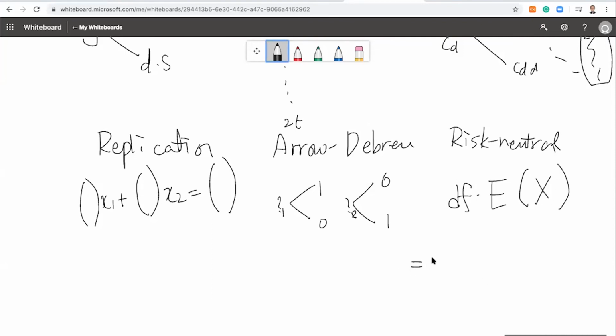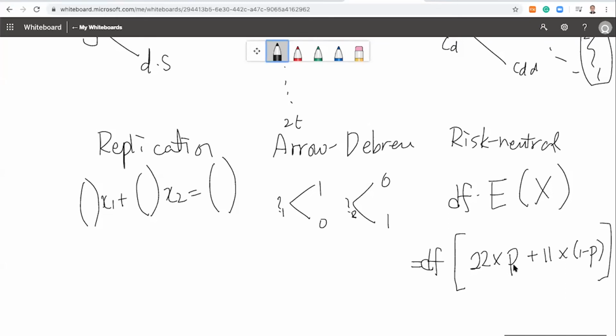And if we write a little bit more, if I remember my number, it was P plus 11 times 1 minus P. So this was the risk neutral valuation formula with my example.